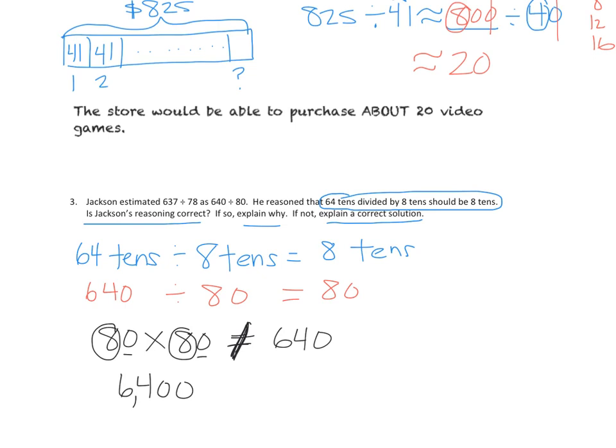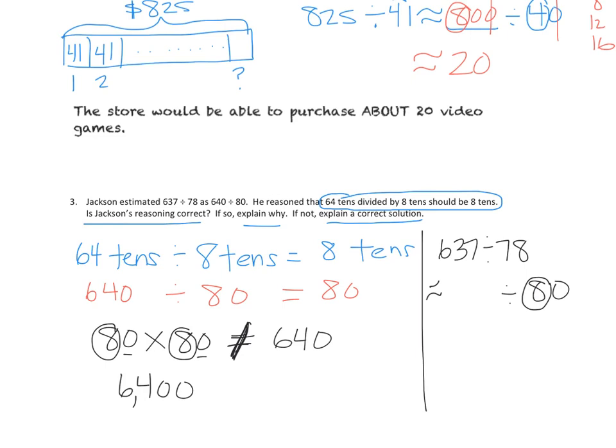So let's find the correct solution for the problem. If we know that 637 divided by 78, and we need to round, we're going to round the divisor first. That's closer to 80, and that basic math fact would be 8.